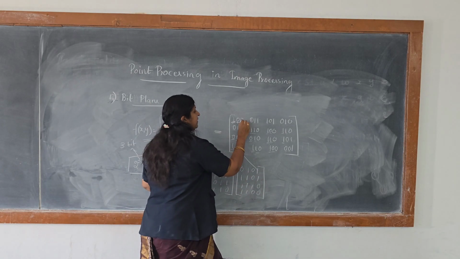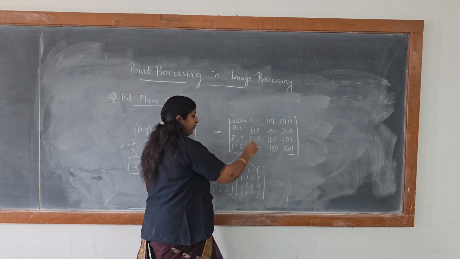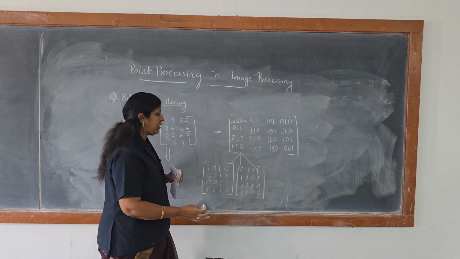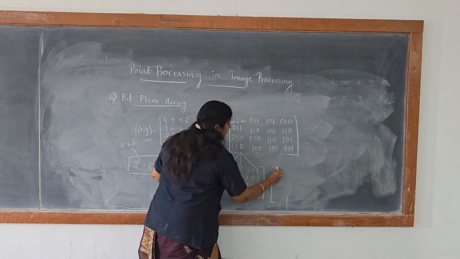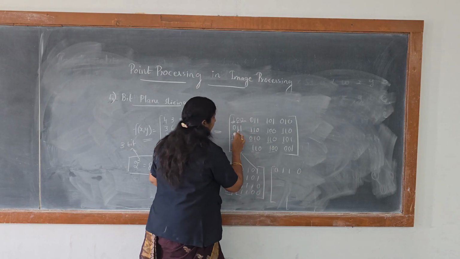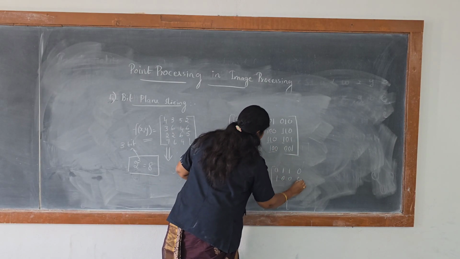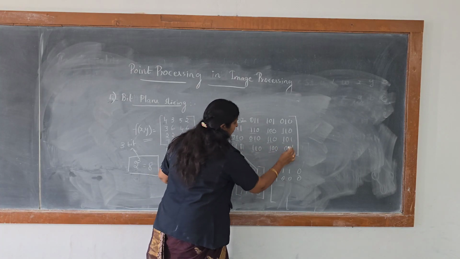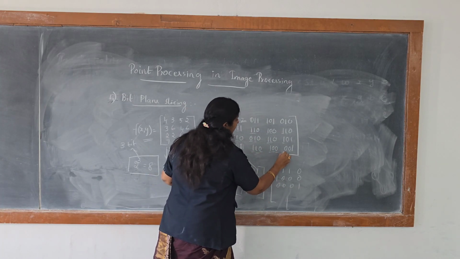And the least significant bit, that is the rightmost bit. If you consider the rightmost bit separately, you will get a separate binary form: 0 1 1 0, and again 1 0 0 0, 0 0 0 1, and 1 0 0 1.